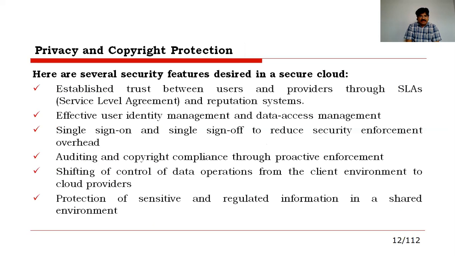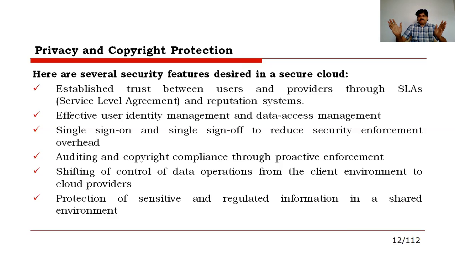So privacy, copyright protection. What is meant by privacy and what is copyright protection? Here there are several security features designed in cloud security. Before providing security to the cloud, there are some features we need to follow. The first one is establishing trust between two parties, that is, providing trust for end users and providing trust for cloud providers.